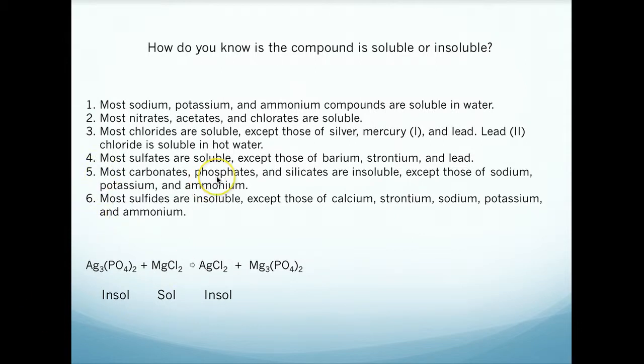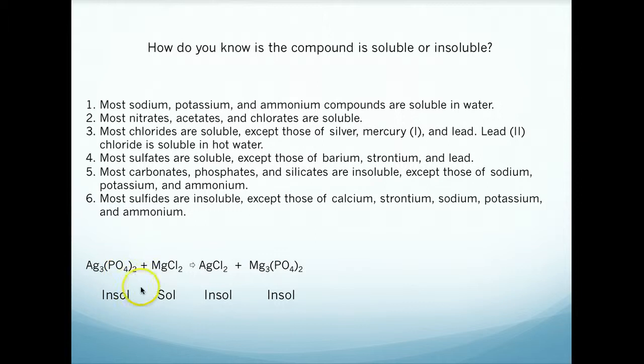Most phosphates and carbonates and silicates are insoluble except for sodium, potassium, and ammonium, so that's also insoluble. So from this reaction where we just had one precipitate, here we're going to have both of our products create precipitates. So using your general solubility guidelines, you can find out if something is soluble or not.